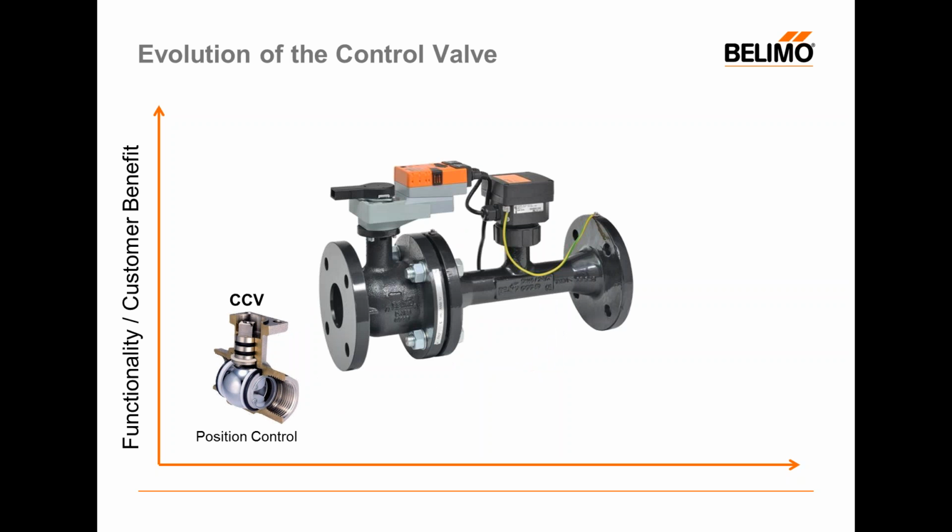So let's take a look at the idea of flow control. Another word for flow control would be a pressure independent valve. The reason we call this type of technology flow control is that if I send a 50% control signal to this valve, and the valve you see here is the Belimo EPIV, or electronic pressure independent valve, the valve would interpret that as a specific GPM or flow value, depending upon how it's programmed, and it would modulate until it found that specific flow.